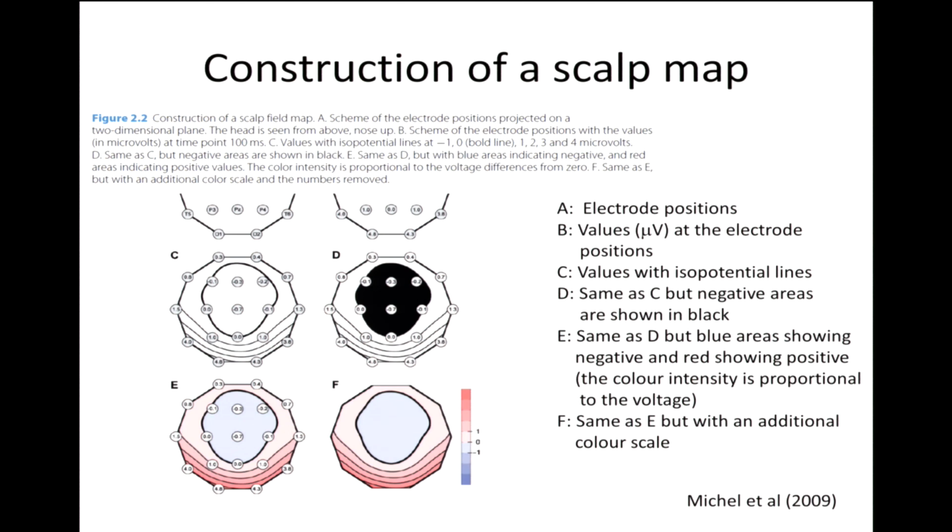The principle is very simple. You know which electrodes you're recording, and then at each time period, or over a time period, you apply a method which gives you one value at each electrode, and then you put that value into that location, and using an interpolation technique you create a map which tells you how this particular index, whether it's a peak amplitude, a mean amplitude or any other measure of your choice, is distributed over the scalp.